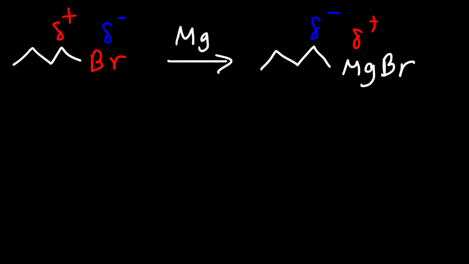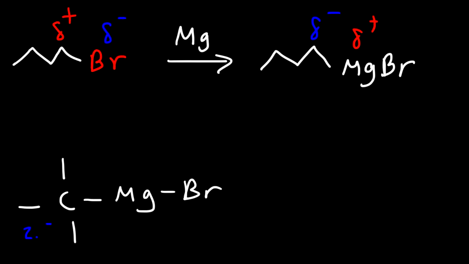Now, these partial charges are based on the electronegativity of the elements involved. So looking at carbon, carbon has an electronegativity value of 2.5. And for magnesium, it's about 1.2. And in the case of bromine, it's 2.8.